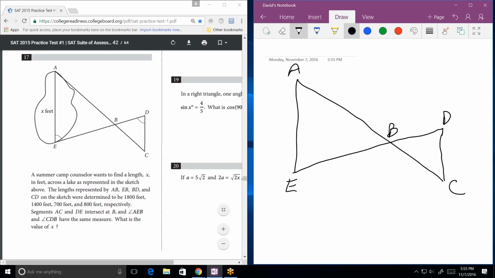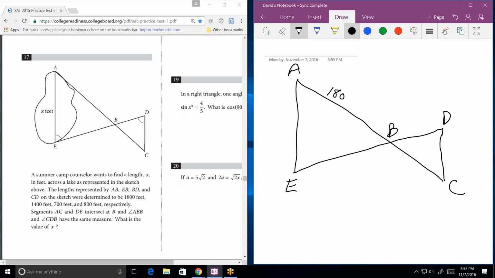Well, those 4 sides are these 4 distances. Let me label, in other words, I can do what they could have done to make it easier. EB is 1400. BD is 700. And CD is 800. And this angle here is equal to this angle here.